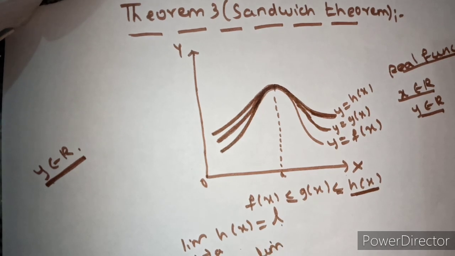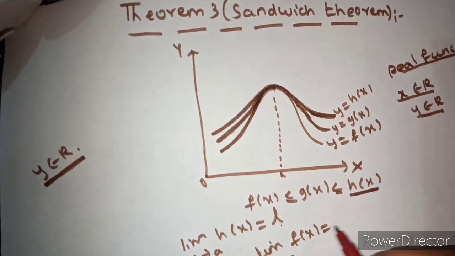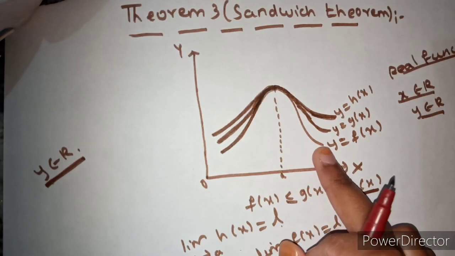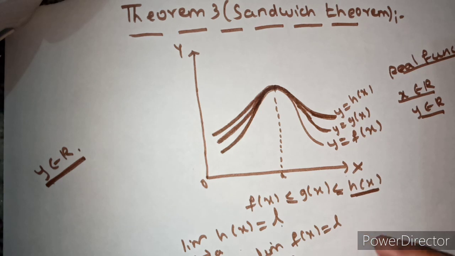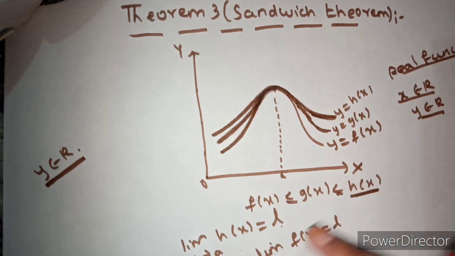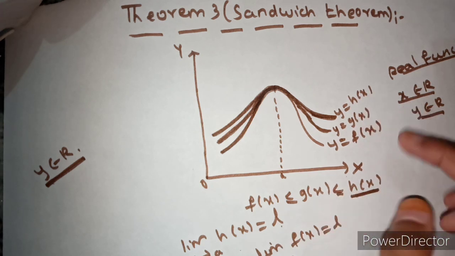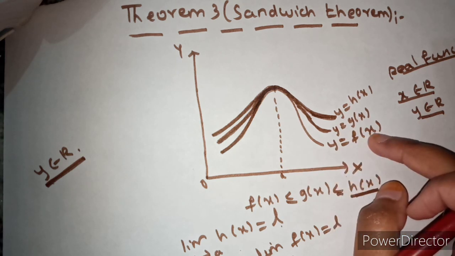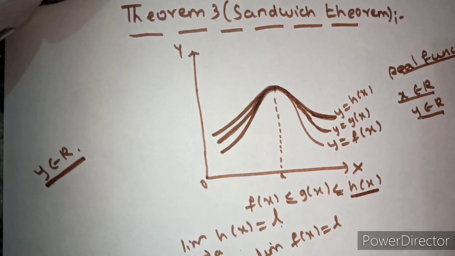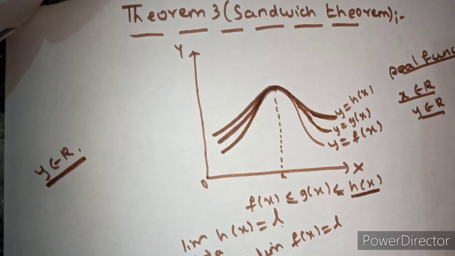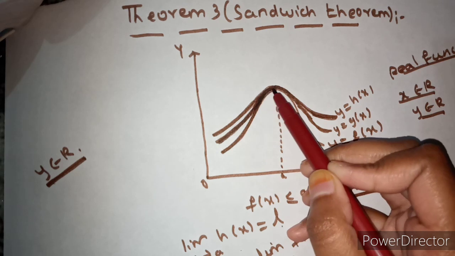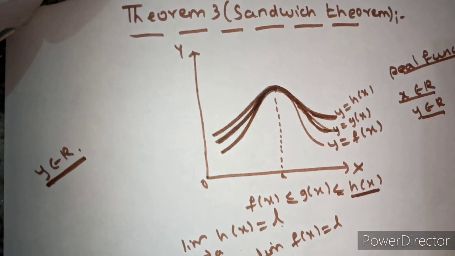Limit as x tends to a of f of x is equal to L. When I apply the limit to the lower function, we will get the limit value as L. When I apply the limit to the greater function, I am getting the limit as L. So if limit of the greater function is L and limit of the lower function is also L, then the limit of this middle function is also L. This is what theorem 3 says.